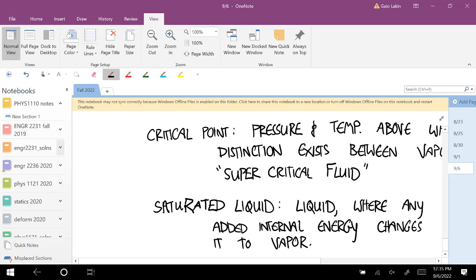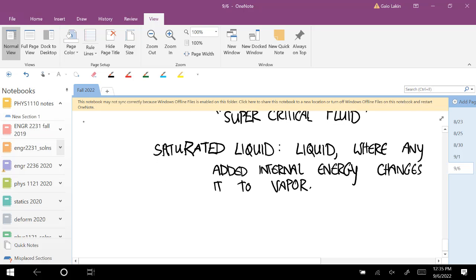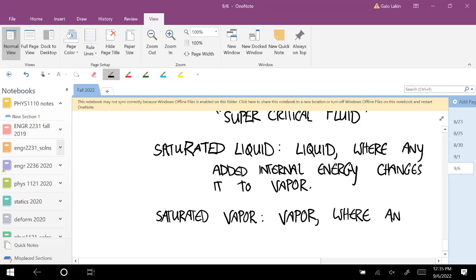So if you're thinking of constant pressure, that's liquid at exactly the boiling point. And a saturated vapor is the same idea. So that is a vapor where any decrease in internal energy changes it to a liquid.